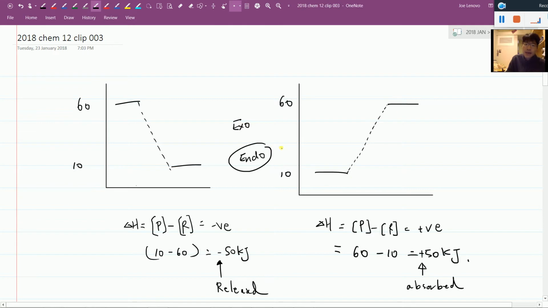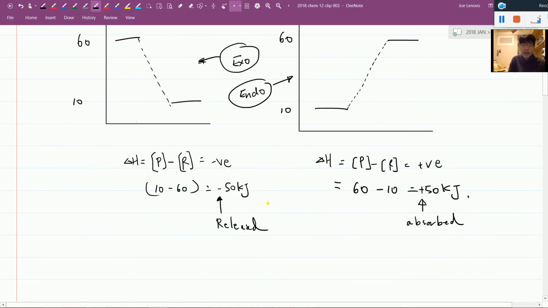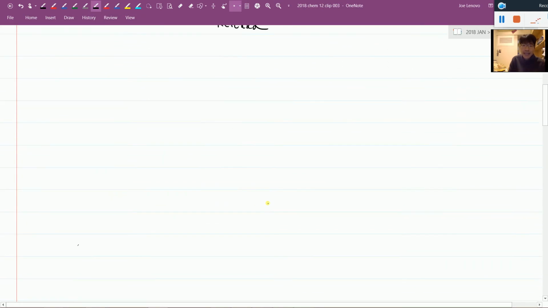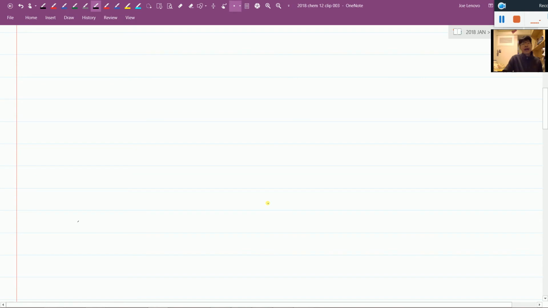So endothermic is a heat absorbed reaction, and exothermic is the other way around, a heat released reaction. Hopefully that gives you some ideas of what went on from last class. Then let's move on to a later topic.